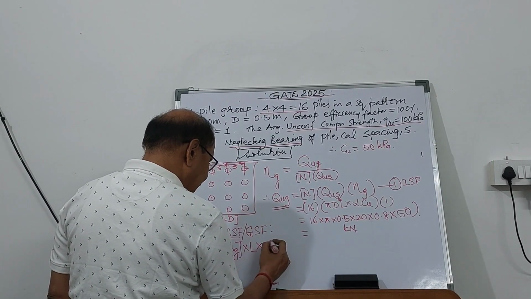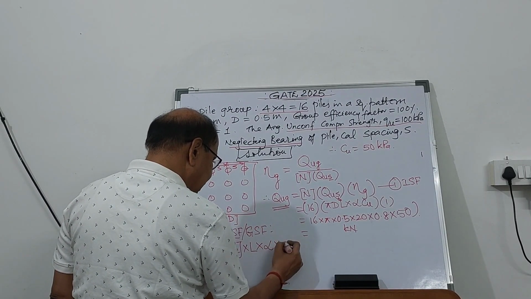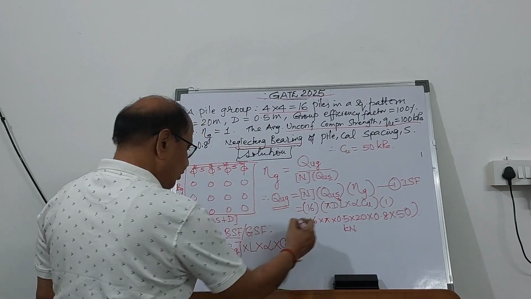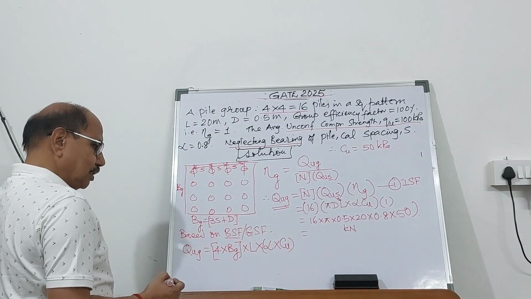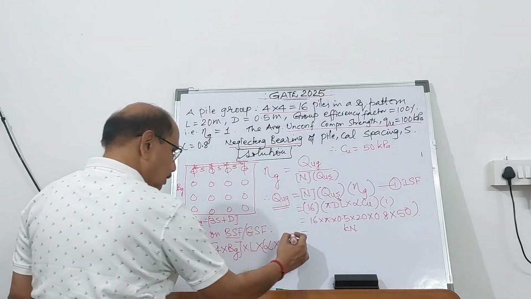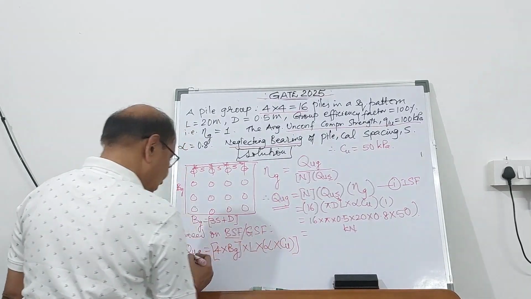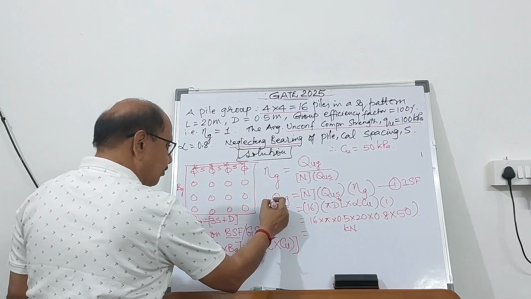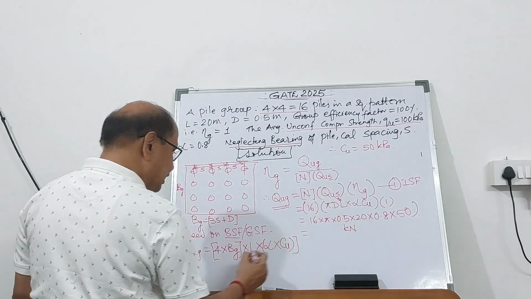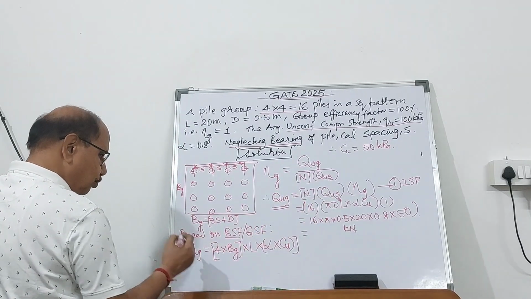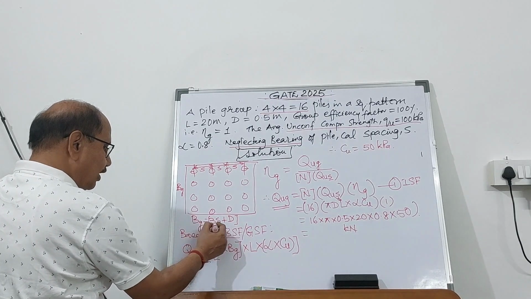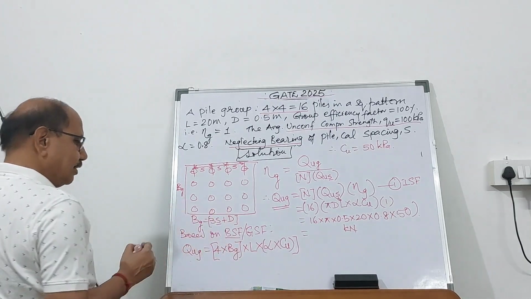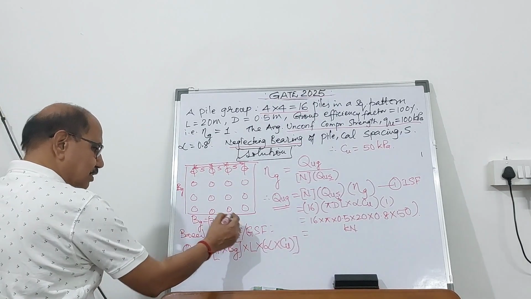So multiplied by alpha times Cu, that is the value of skin friction. So alpha times Cu gives you the skin friction. QUG already you have calculated based on ISF. You can substitute over here, and BG is already in terms of spacing. It is 3 times spacing plus D.